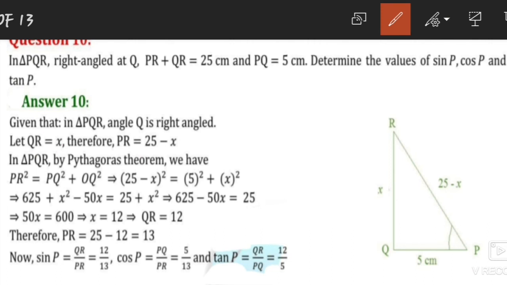Now you will use the simple Pythagoras theorem. You know that hypotenuse square is equal to base square plus perpendicular square, that is PR square is equal to QR square plus PQ square.